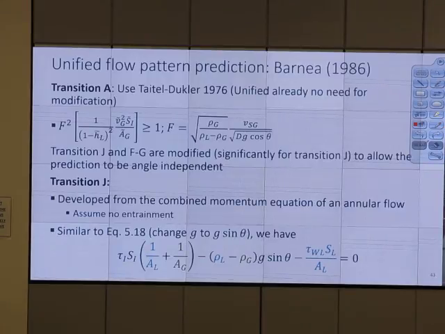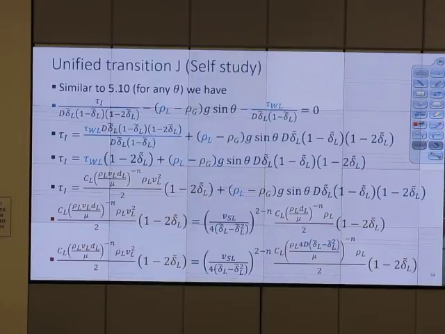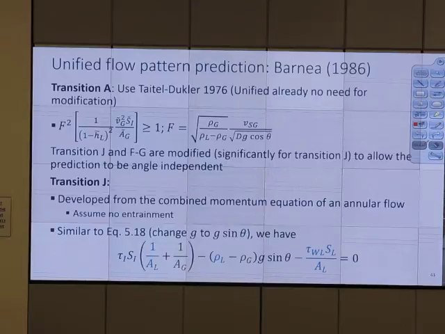Yes? Question? No question? Okay, let's move on. Once we have the combined momentum equation, it works for any angle, correct? Given that we have film and gas core, that combined momentum equation works.